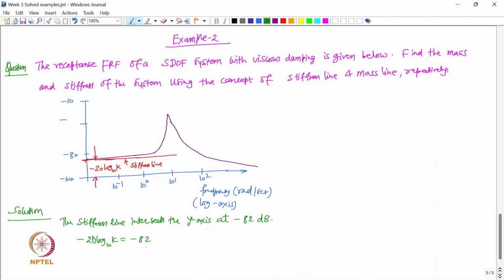From here the value of k comes around 1258 Newton per meter. So that is how we can find the value of the stiffness.